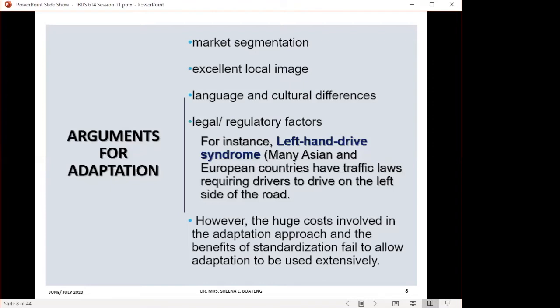Are we left or right? Our steering wheel is on the left. We are right-hand drive. Right side of the road. Are we safe?